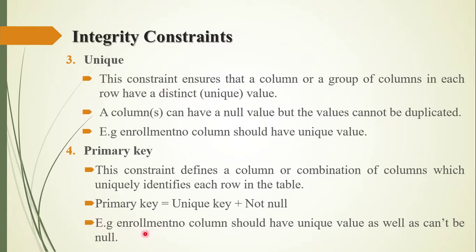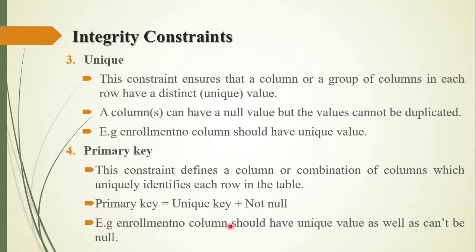So for example, the enrollment number column should have a unique value as well as can't be null. Means in a student database one column is enrollment number. Suppose I have 20 students, so the enrollment numbers of these 20 students are unique. All students have a different enrollment number. So enrollment number becomes a primary key.